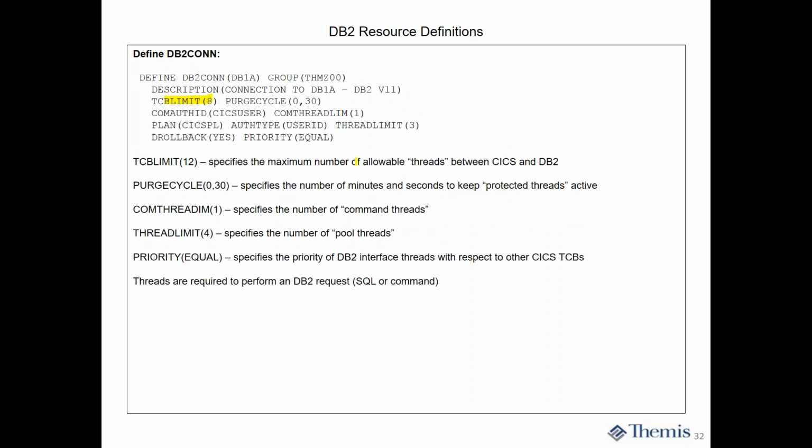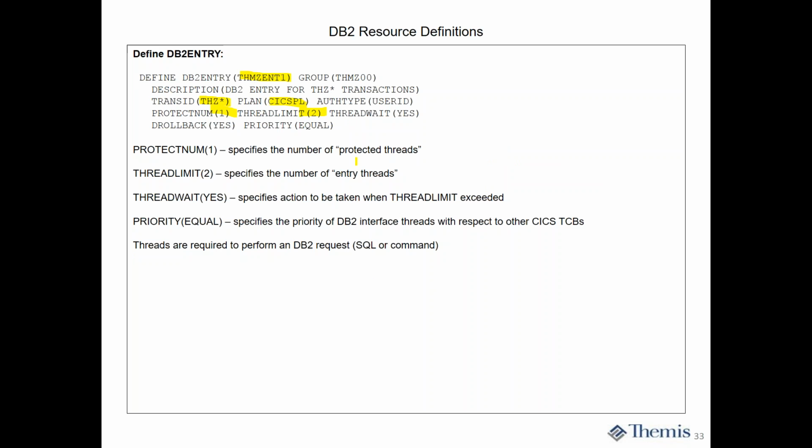Even though this is 8, all my entries could add up to be greater than 8. The real question is, when are they in use? I can never have more than 8 in use at any point in time. And out of that, 4 would be reserved for the command and pool.